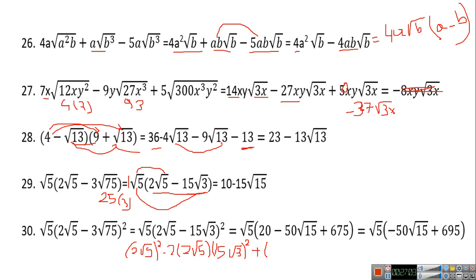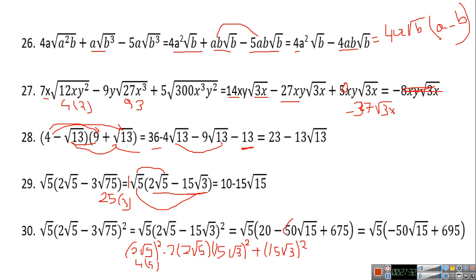Okay, so a square minus 2ab plus b square. You know that if you square here, it will be 4 times 5, because root 5 square is 5, so you have a 20. Here you multiply outside. 2 times 2, 4. 4 times 15, 60.